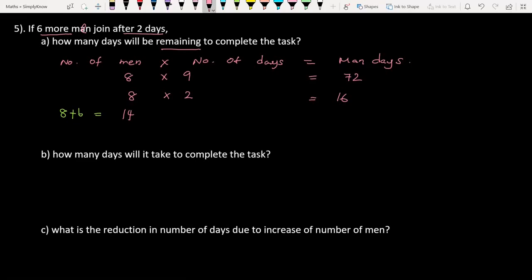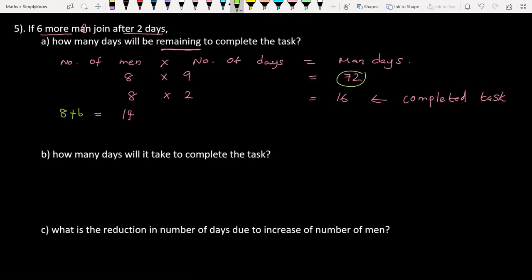Now we should find how many days will be remaining to complete the task. Now this is actually the completed task. Now what is the remaining task in man days? Originally this task takes 72 man days.